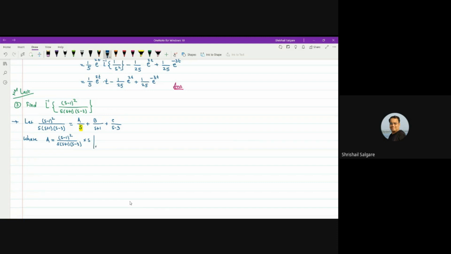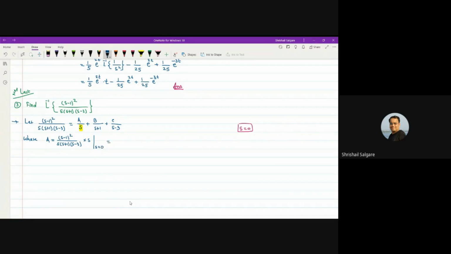For what value of s do you have to substitute here? Earlier we did the same thing: whatever the factor is, you equate it to 0 and directly get the value. So you have to put s is equal to 0.